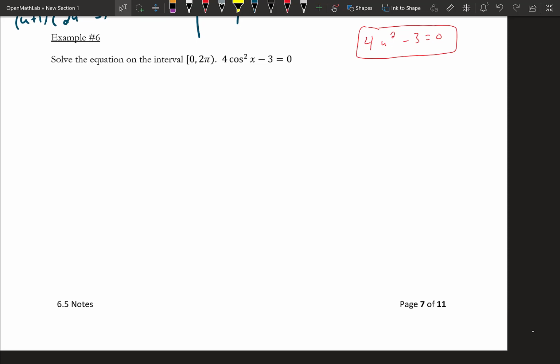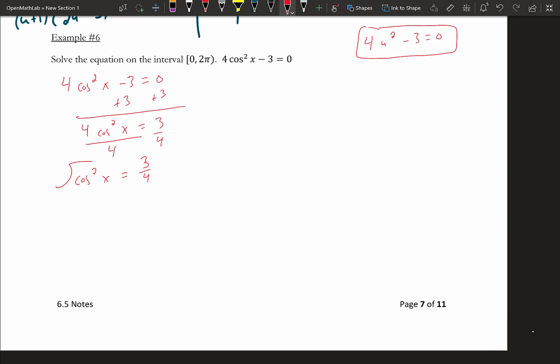So same idea. I start with 4 cosine squared x minus 3 equals 0, and I can solve this like the linear ones. I can add 3 to both sides: 4 cosine squared x equals 3. Then I divide both sides by 4 and get cosine squared x equals 3/4.